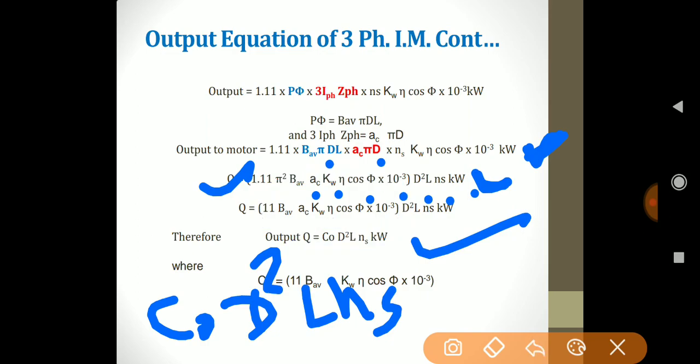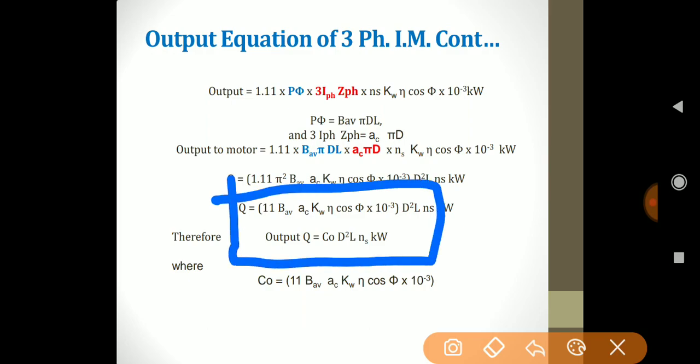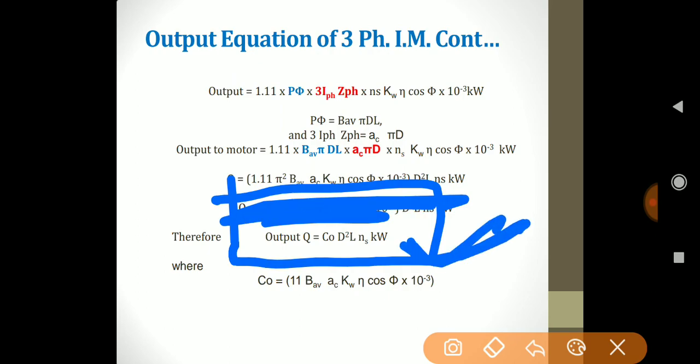D is the diameter of stator, L is the length of stator, and Ns is synchronous speed in RPS. So the final output equation of a 3-phase induction motor is this: Q is equal to C0 D square L Ns kW.